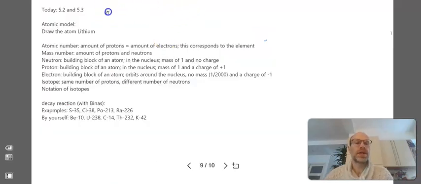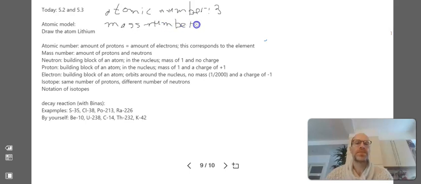So we have the atomic number, which was 3, and the mass number, which was 7. Okay, so we know the atomic number is 3, so we have 3 protons in the nucleus. And over here, I'm going to say what it is. So it's a proton.